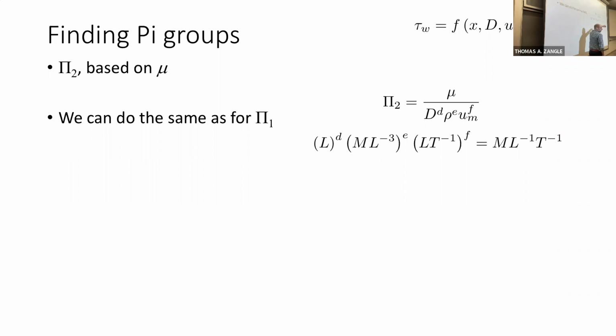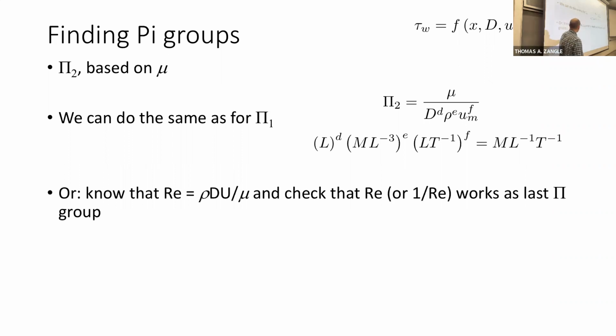If you recognize that, you could just immediately say that a pi group is Reynolds number. So you can either go through the math of gathering up our variables and solving for D, E, and F, or you can say, hey, that looks like Reynolds number. Reynolds number is rho d u over mu, and you check and see that 1 over Reynolds number could work as our second pi group.